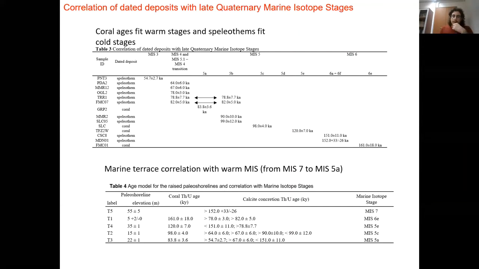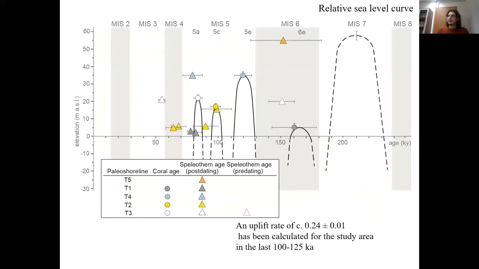So the U-series data point to correlation of dated corals with warm stages of the late Pleistocene, while speleothems fall in the age of cold substages. In particular, the new data allow correlation of T1 with MIS 5e, T2, T3, and T4 with different stages of MIS 5, and a tentative correlation of T5 with MIS 7.